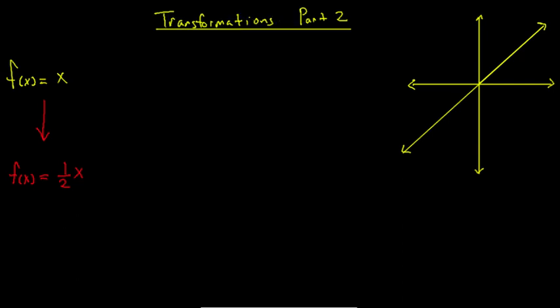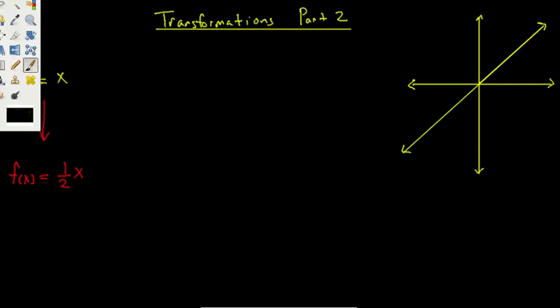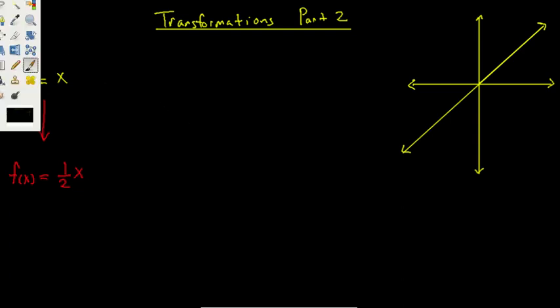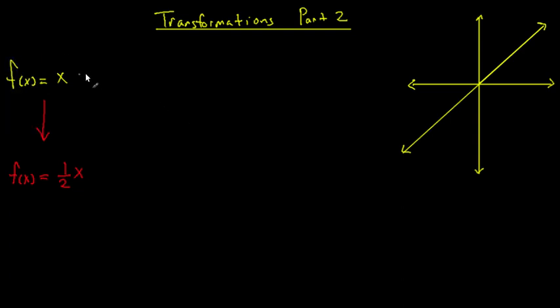And so I'm going to go ahead and draw this out for you. Let me get a different color, and we'll do blue. So we have f of x equals 2x, and that gives us a line that's a little bit more steep. Oh, I messed up, right through the axis there.